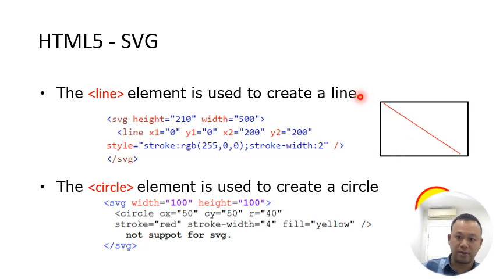Here we have a red color. And circle is used to create a circle. cx and cy define the center coordinates, and r sets the radius of the circle.